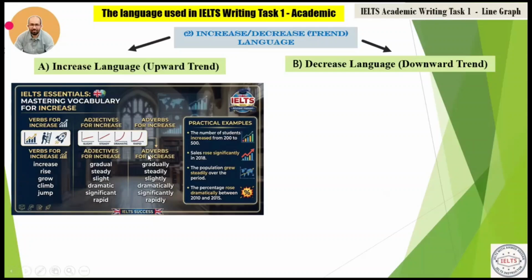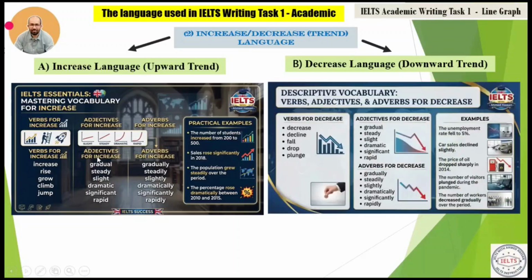And we have here some adverbs: gradually, steadily, slightly, dramatically, significantly, rapidly, and all of them describe the movement up or down. And in decreased language also, we have the same adjectives and adverbs, but the difference is in verbs. Verbs here describe how numbers go down: decrease, decline, fall, drop, plunge.